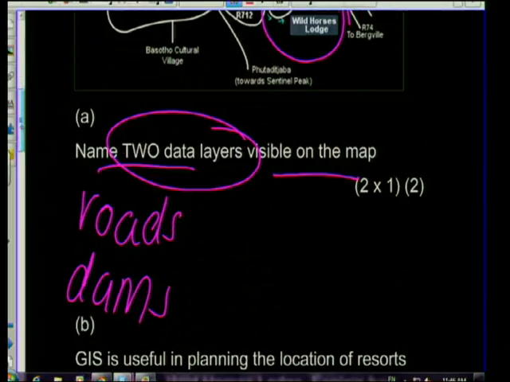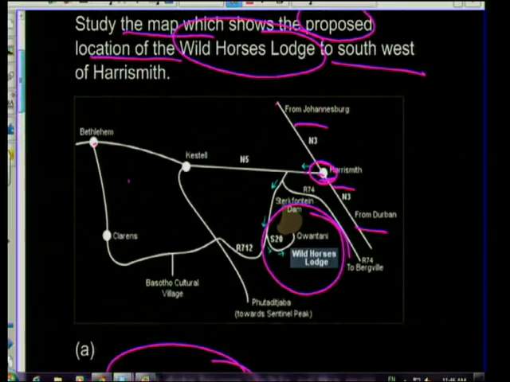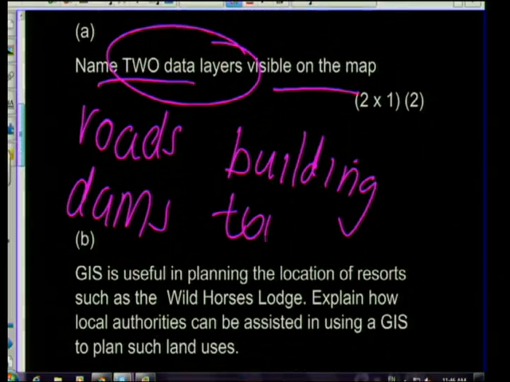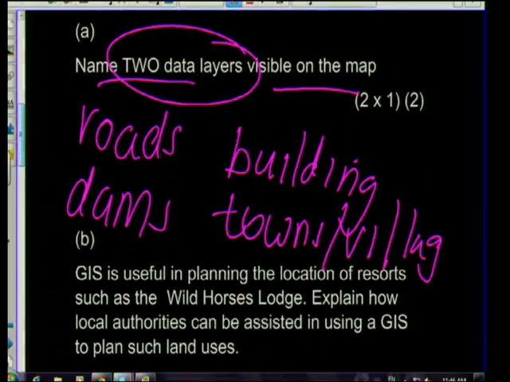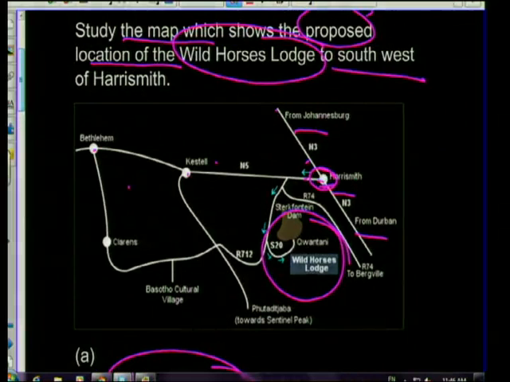Further, buildings, because it's showing us different villages as well as lodges. It's also using different type of attributes to see different towns. So towns or villages. So the visible data layers include all these points like Bethlehem, Clarence, as well as Kestrel, Harrismith, which suggests that that layer is showing us the towns.